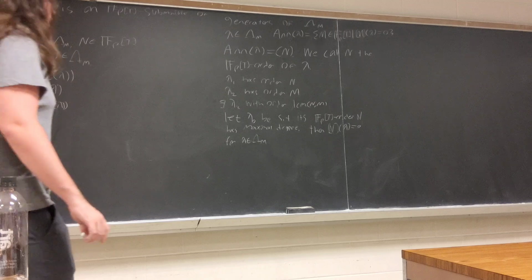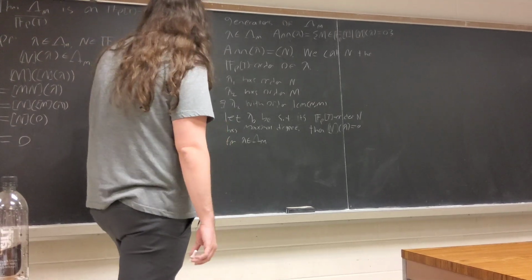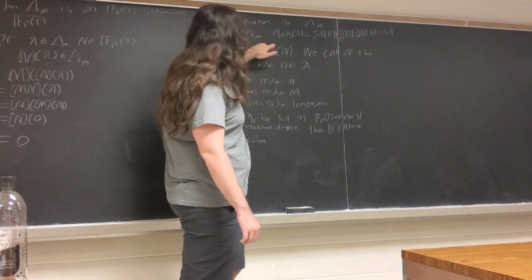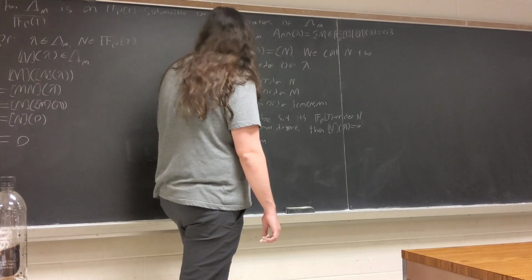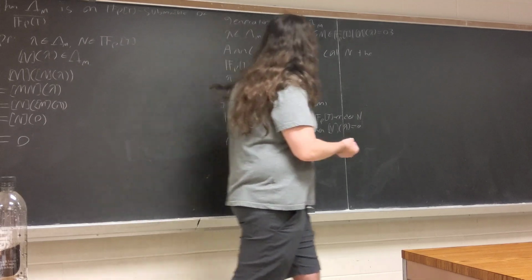So another thing that we can say about n is something about its degree, right? Because we know that n has at least as many zeros as are in this thing. So I guess I'll go over here now.